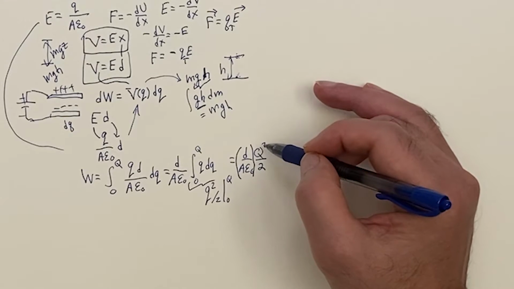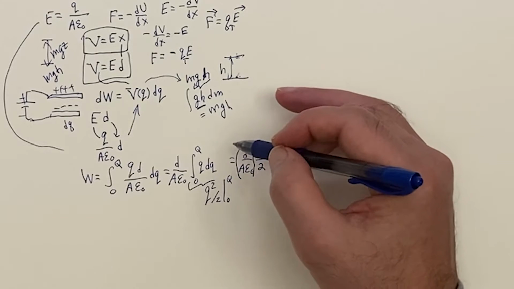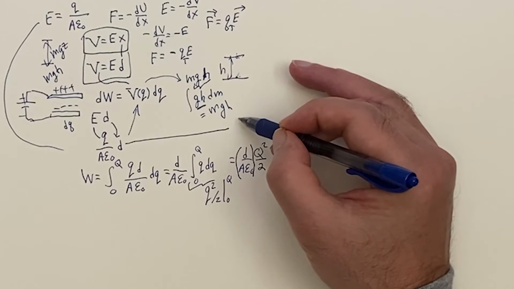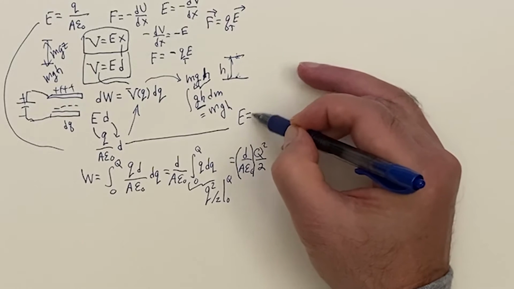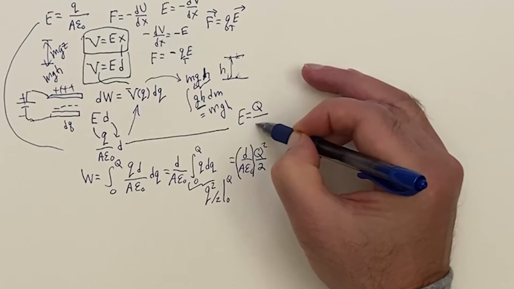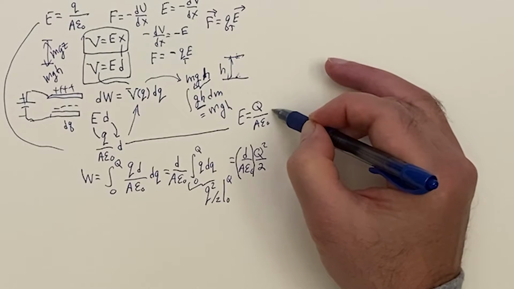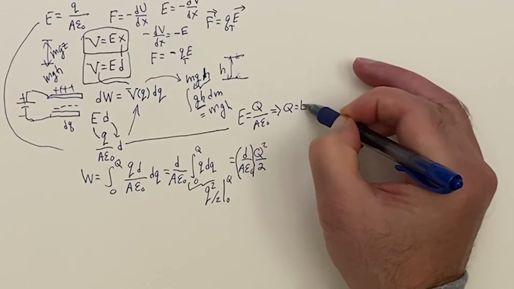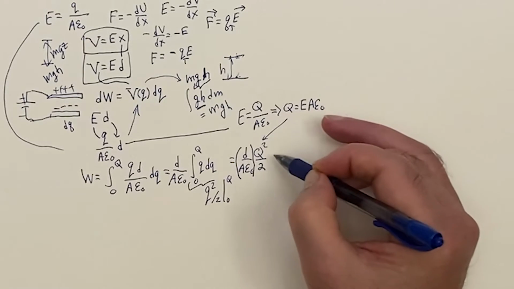So what we're going to do here is go back to this formula and say now we're at full strength. So if we're at full strength, we have big Q over A epsilon naught. So that means here that the big Q is E A epsilon naught, and that goes in here.